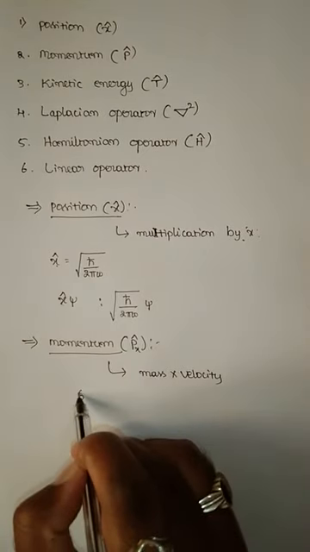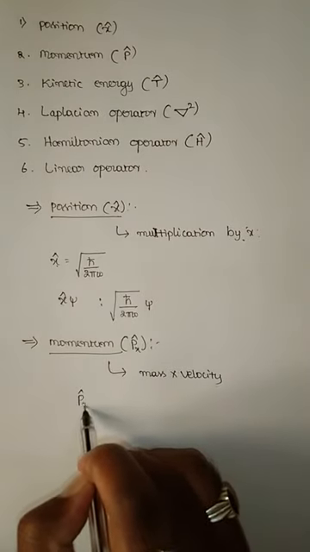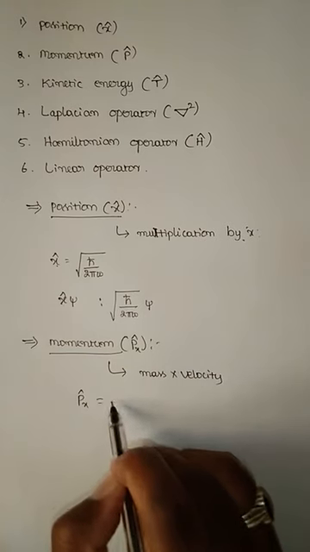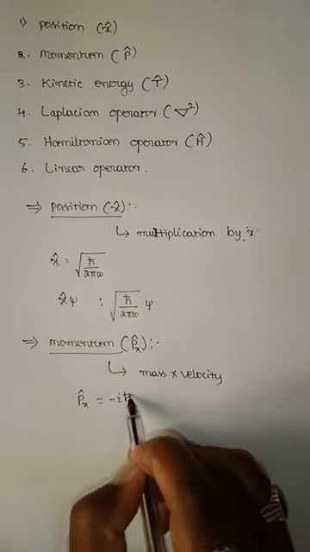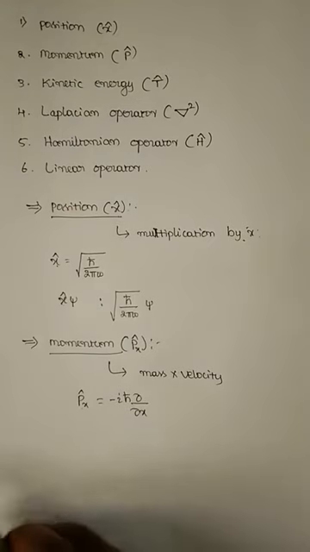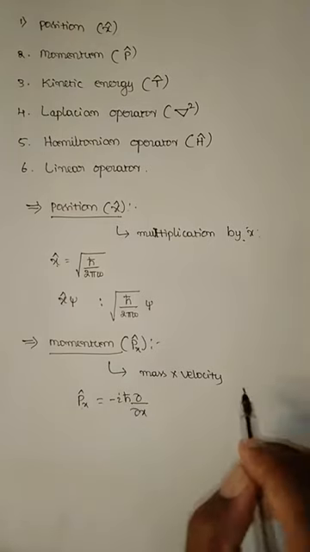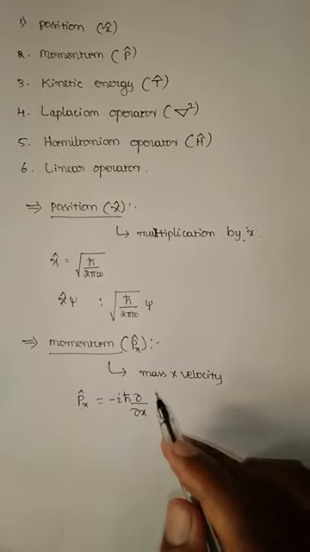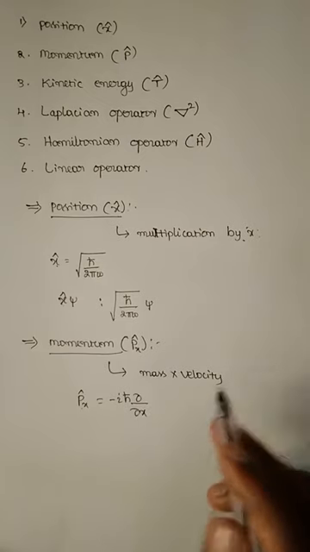So in quantum mechanics, the momentum operator means minus i h cross into dou by dou x along the x-axis. We know the meaning of i, called iota, which is nothing but square root of minus 1.